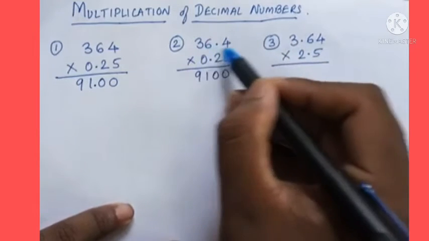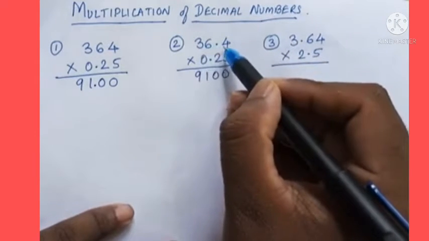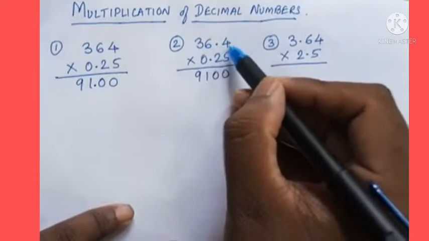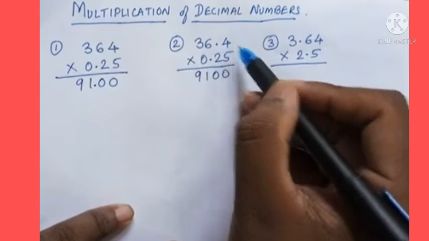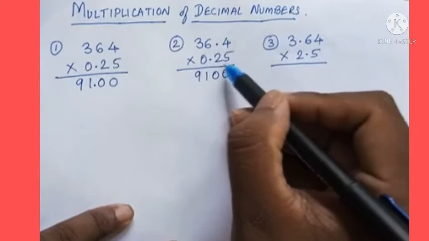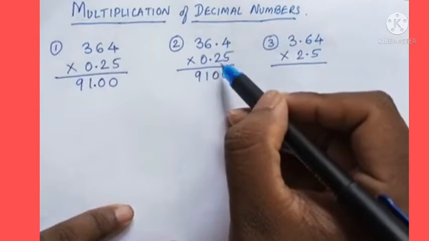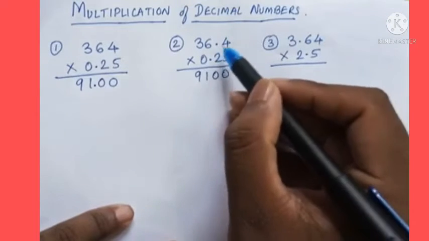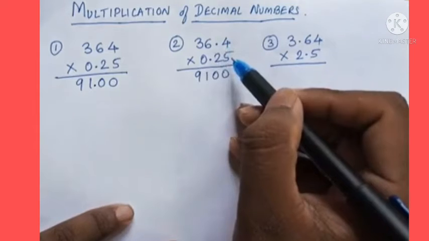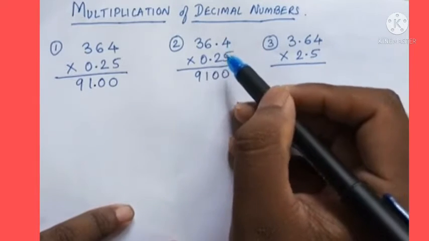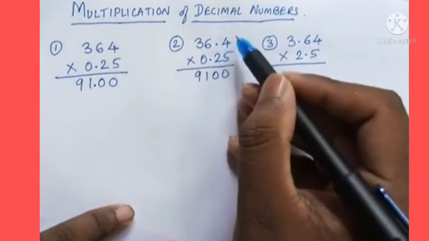In the first number, 36.4, we have 1 digit after the decimal point. In the other number, we have 2 digits after the decimal point. Hence, the total number of digits after the decimal point in both these numbers is 3 this time.